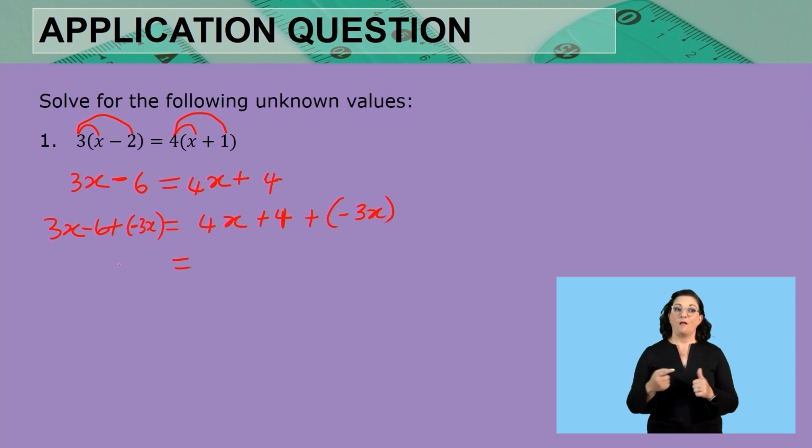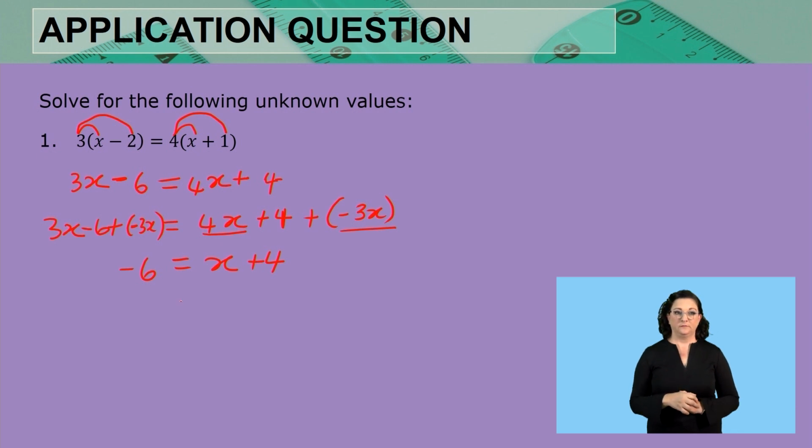And what does this leave me with? This leaves me with a negative 6. And on this side, remember, all the x's are going to be added together. So on the right-hand side, we have a 4x plus a negative 3x, that just leaves us with x, and we still have the plus 4. Then we need to find the value of x. So what are we going to do?